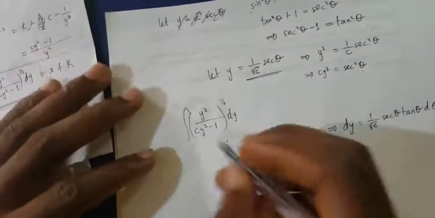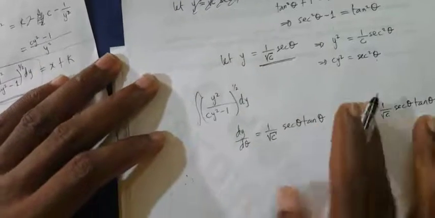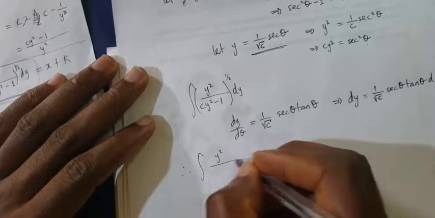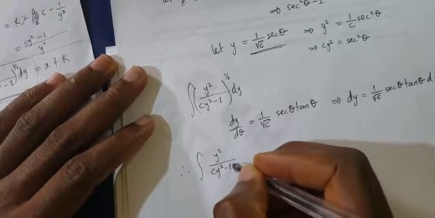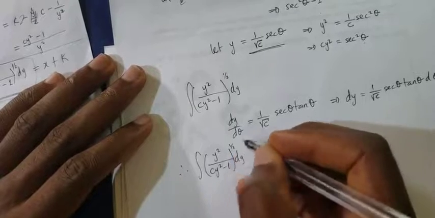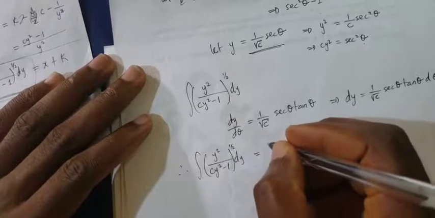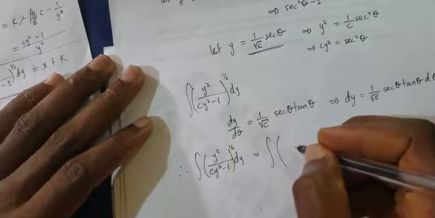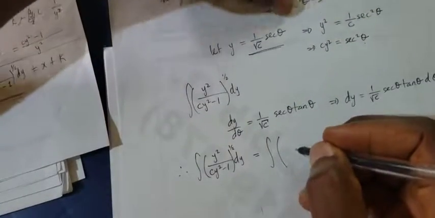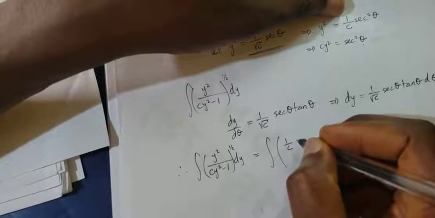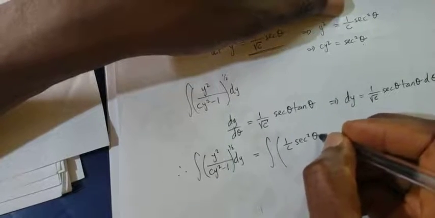And now let's substitute there. Therefore I'm going to have the integral of y squared over cy squared minus 1 dy, all of this raised to power 1 over 2. This will be equal to the integral of, so y squared, don't forget this is our y, so y squared will be 1 over c sec squared theta, okay, from what we have done here.